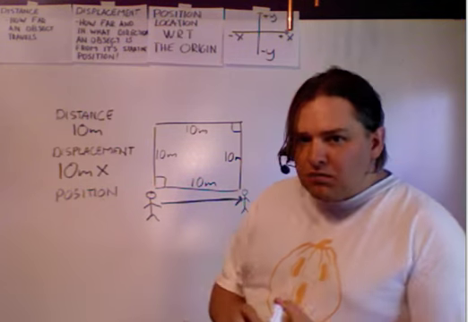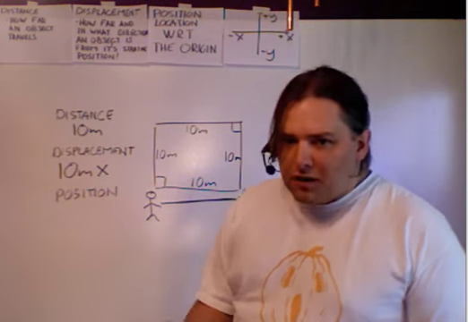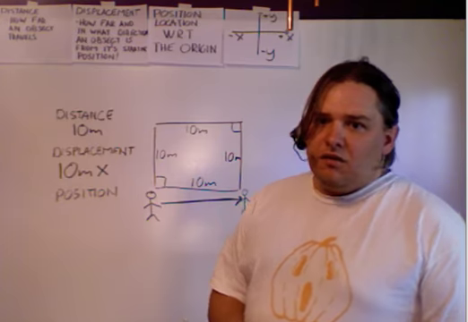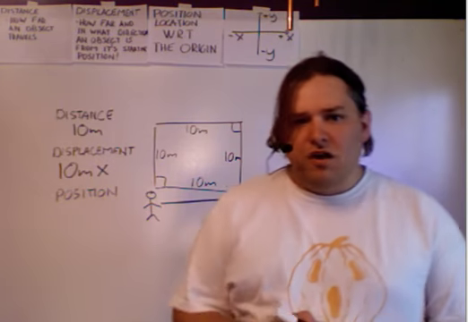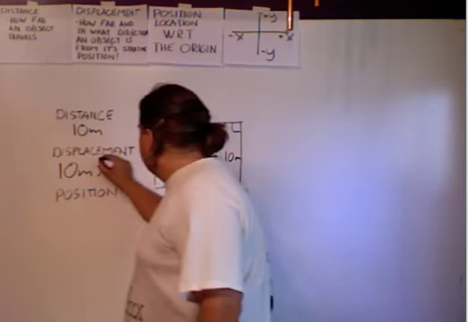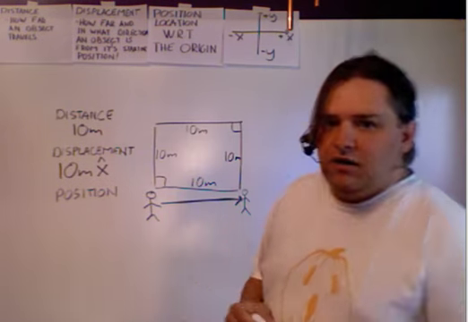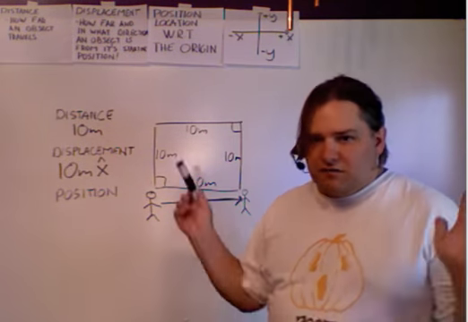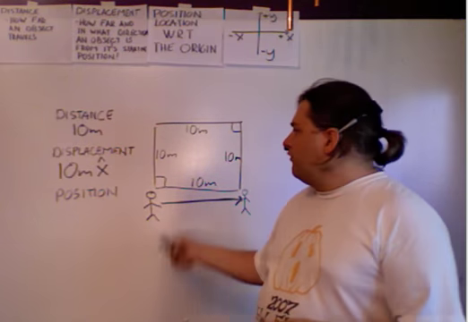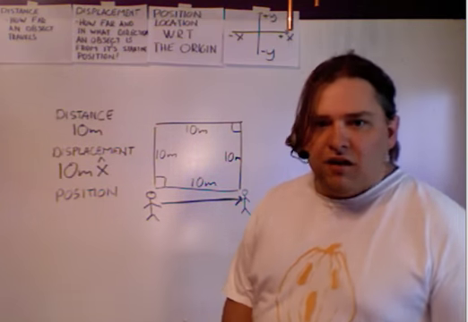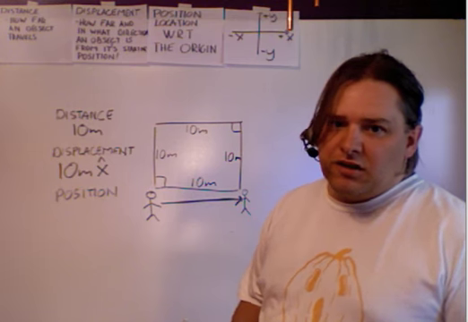The problem is that if you know anything about algebra, x is a pretty common variable. So in order for you not to think of it as a variable but as a direction, we're going to put a notation over the top of that, a hat. It looks like a little witch's hat. So I'll refer to this as x hat all the time. All that tells me is that the object is moving in the x direction.